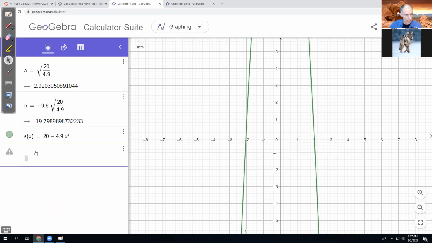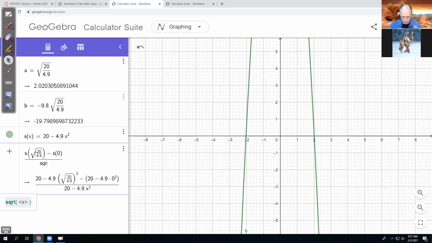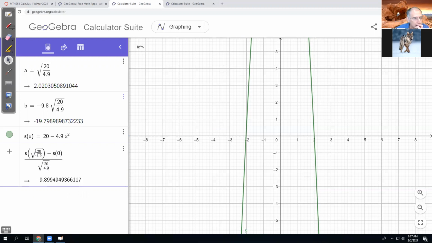And then I want a fraction with S of that square root, and minus S of 0, which I can clearly see as 20, but I might as well plug in the function notation, over the change in time, which we just calculated to be the square root of 20 over 4.9. Let's see, did I type that correctly? Yeah, looks like I typed it correctly.